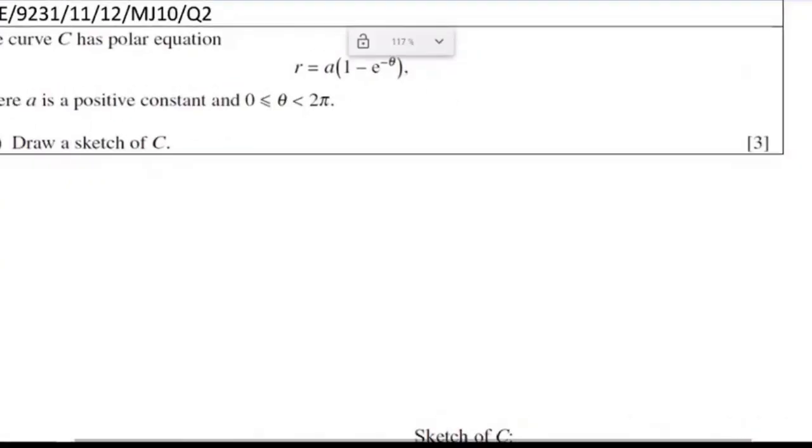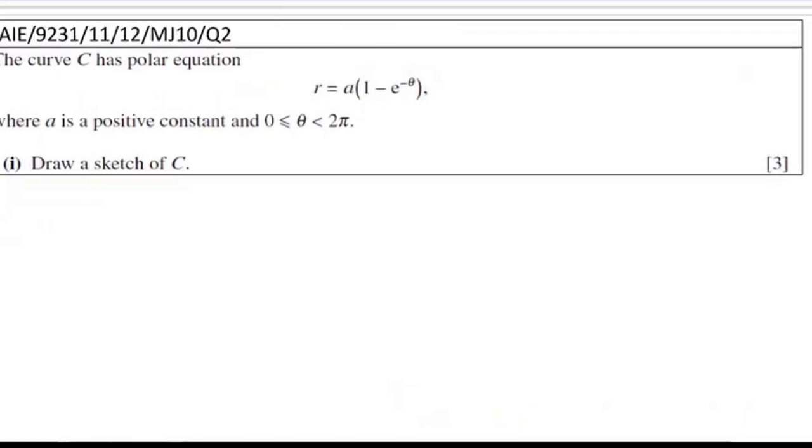For the other questions that we have here, this one is to sketch the curve. There are mainly two types of question. One is where in the very beginning they already ask us to do the sketching. Usually in this case, the r should be strictly increasing or decreasing, and that should be very obvious.